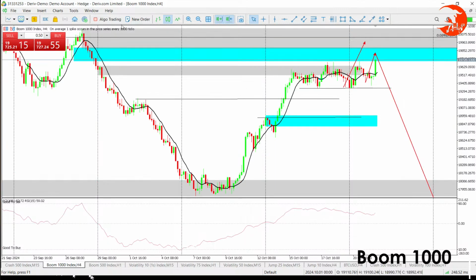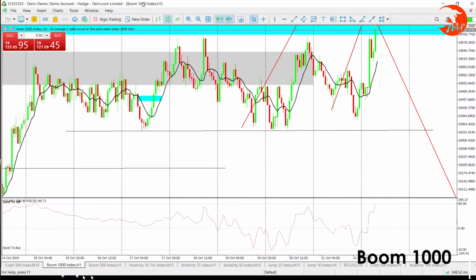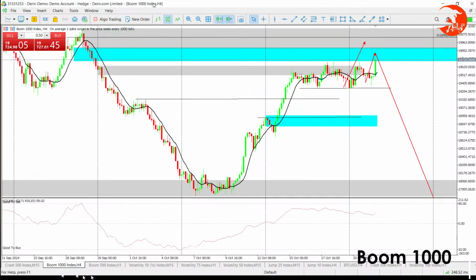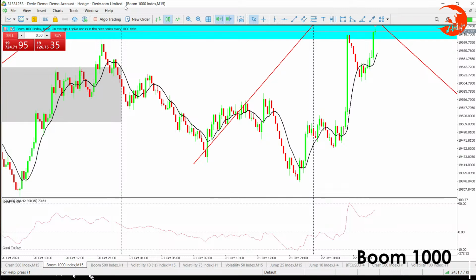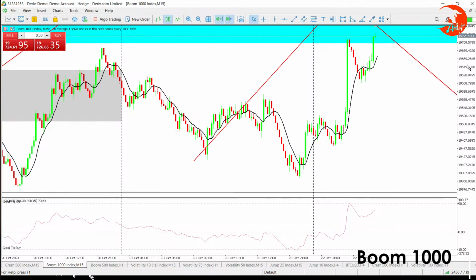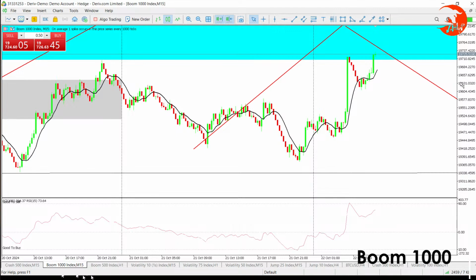And right now, let's look at H4. We are heading there. Momentum, we're almost overbought, but we wait for that to close. So for now, it's a no-go for me.